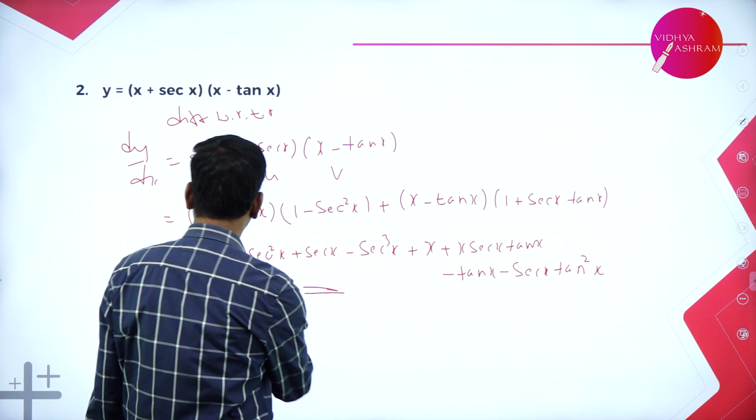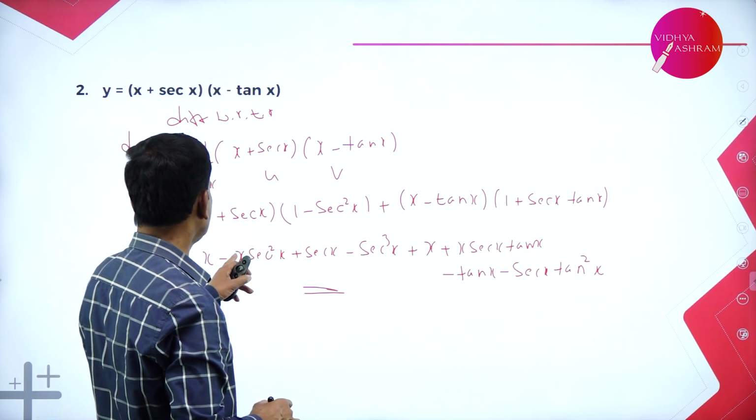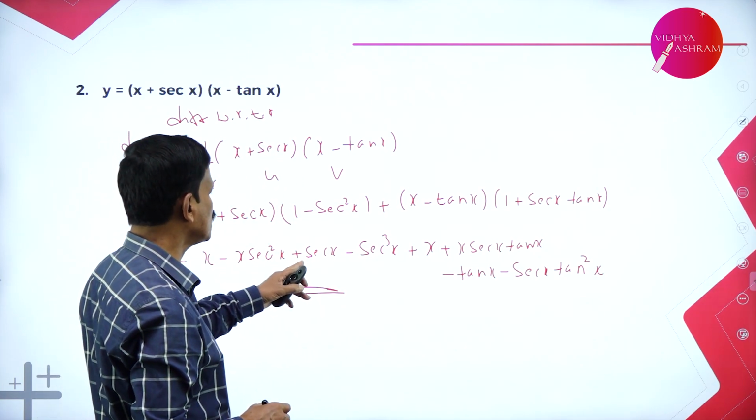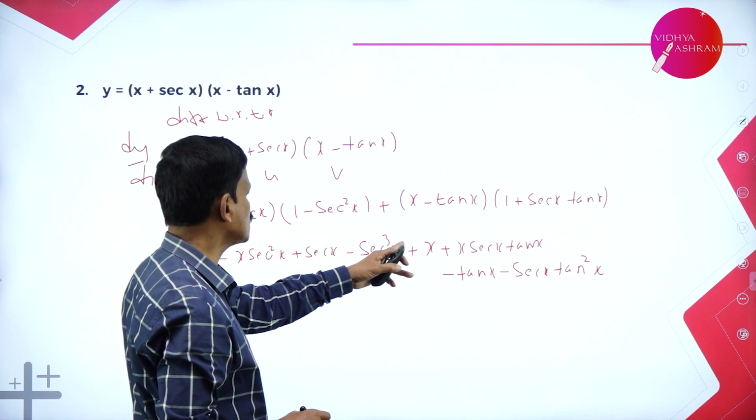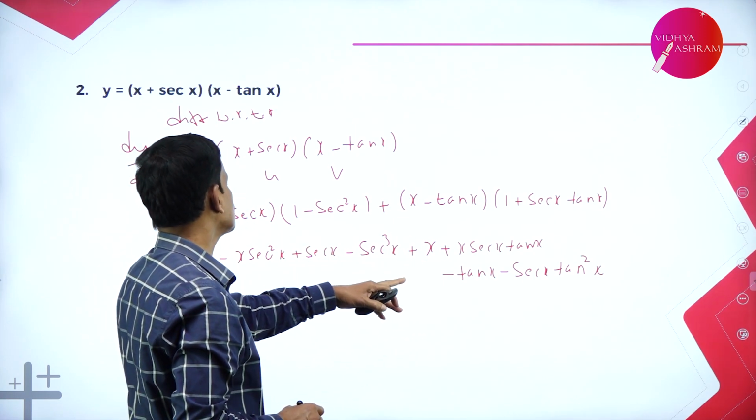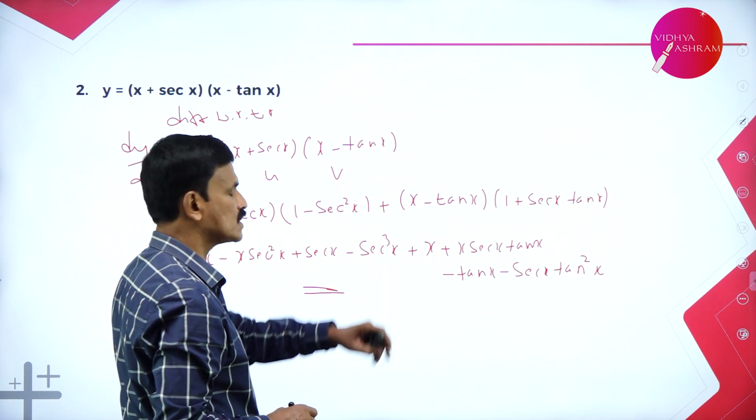You can add x plus x is equal to 2x minus x secant square x plus secant x minus secant cube x plus x secant x tan x minus tan x minus secant x tan square x.